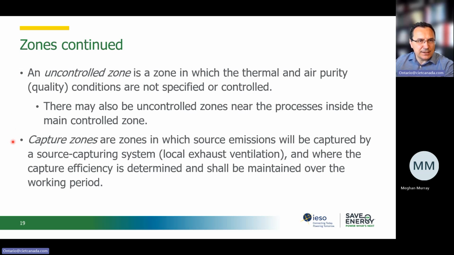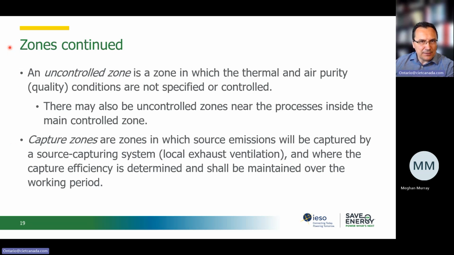The capture zones are zones in which the source emission will be captured close to the emitting point. We have local exhaust systems that take care of this, so preventing mixing of these contaminants in larger areas in the building.